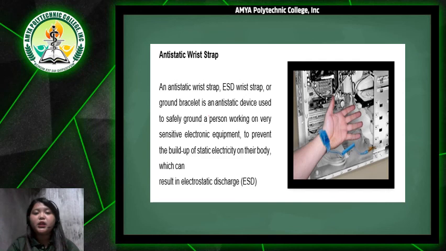Let me encircle for you the anti-static wrist strap or the ground bracelet. This one, the blue one here, is what we call the anti-static wrist strap, ESD wrist strap, or ground bracelet.